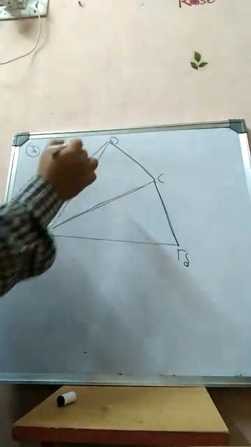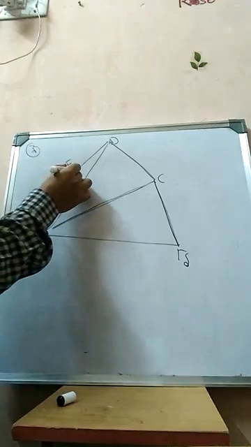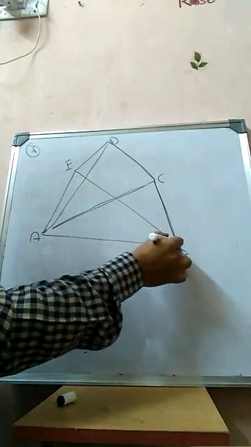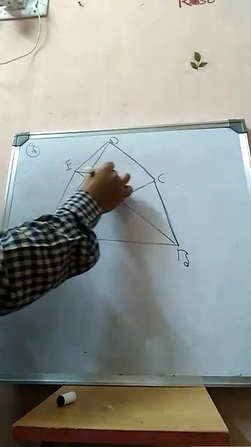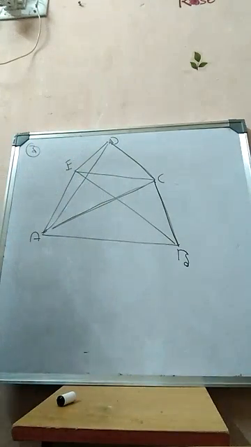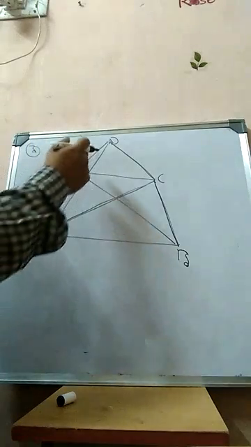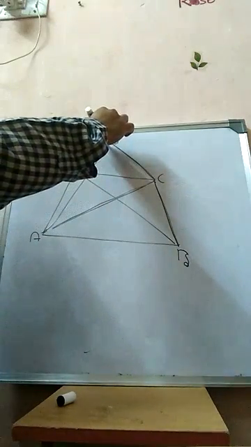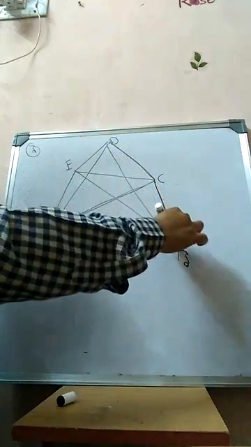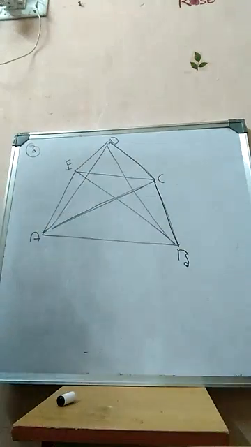BE, and EC is also one more diagonal. Diagonal means a line segment which joins vertices other than adjacent vertices. And next, BD. So these are the diagonals of this pentagon.